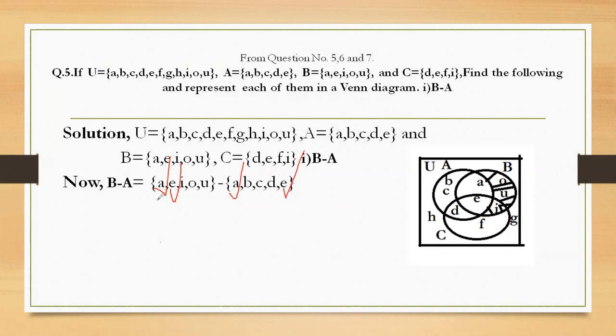Okay, children, have you understood this subtraction of sets and how to show them in a Venn diagram? Look here, I, O, U was the answer.